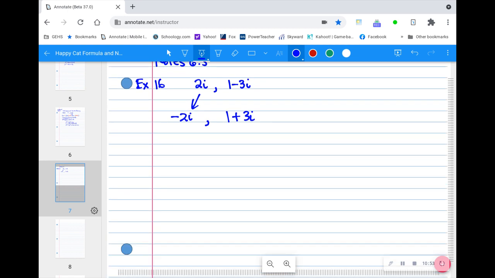There's 4 of them. Okay, the first pair, we have x minus 2i and x plus 2i. And then we have x minus 1 minus 3i. There's the third answer. And we have x minus 1 plus 3i, the conjugate answer down there.